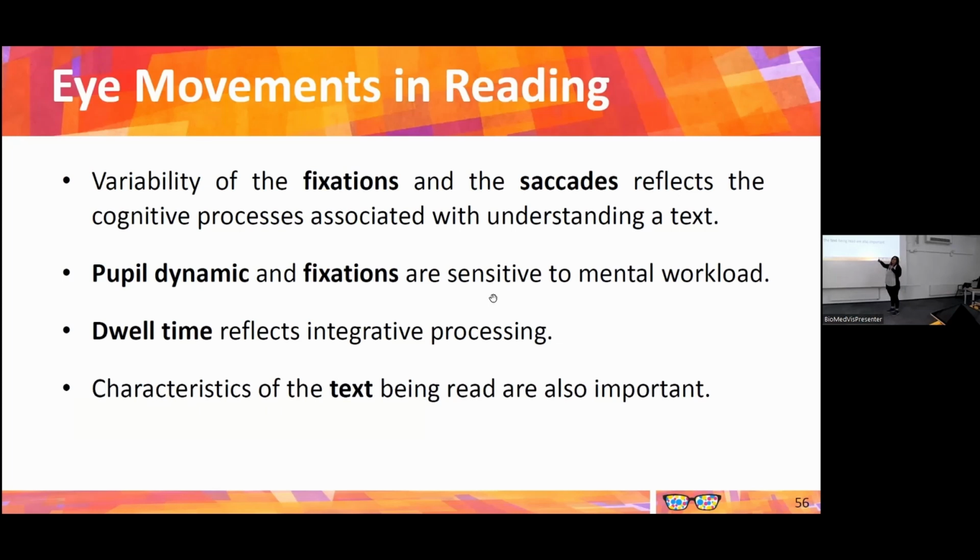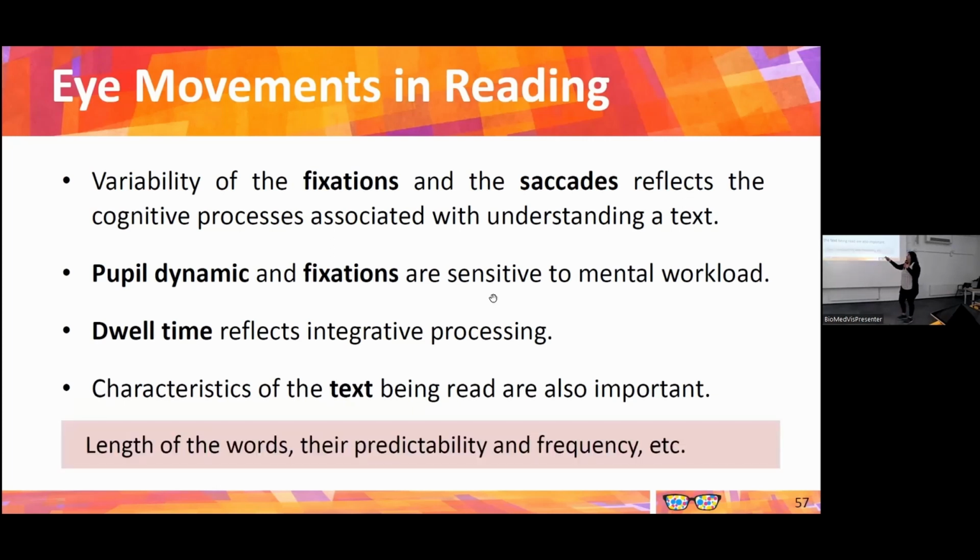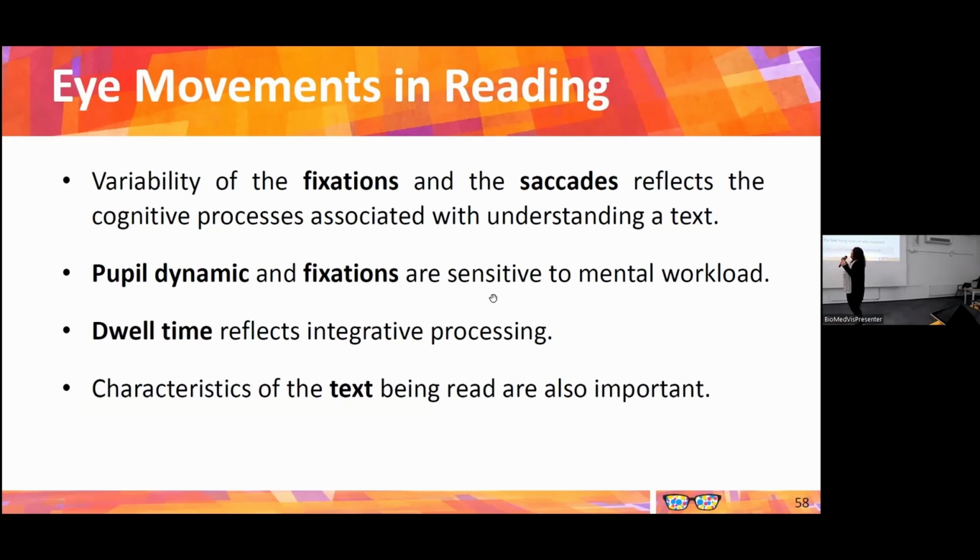And these are some of the characteristics, and also the characteristics of the text that you are reading are important. For example, the length of the word, the predictability of the word, the frequency of the word. What I want to tell you with all this is that we have a lot of characteristics that are interesting.